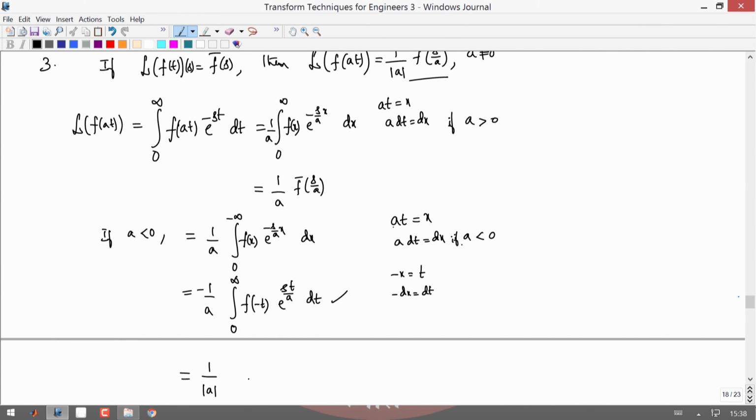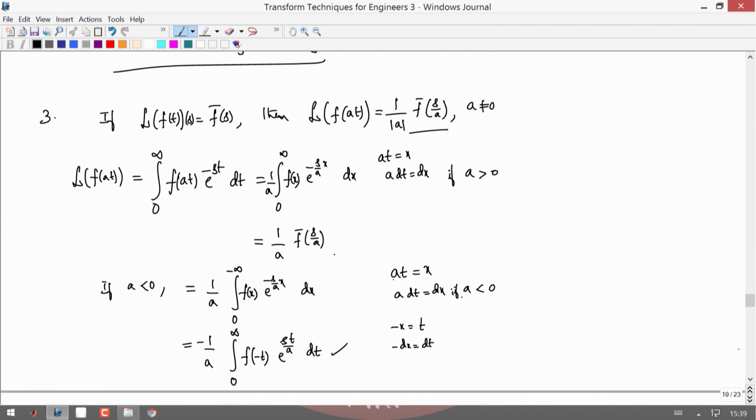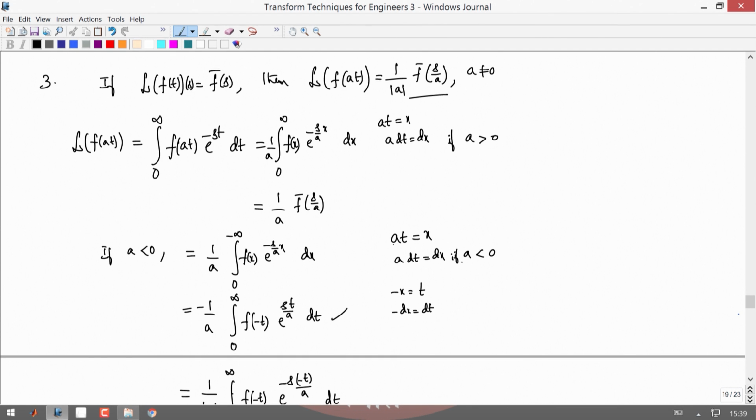So, you can write this as 1 by minus a, that is minus 1 by a, as minus mod a, if a is negative, 0 to infinity, f of minus t times e power minus s minus t by a into dt, which gives f bar of s by a.